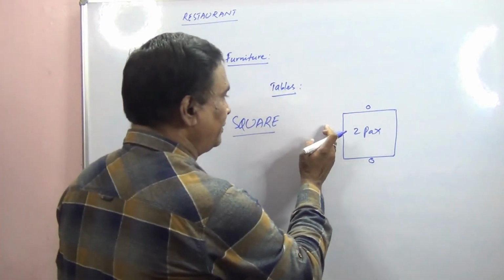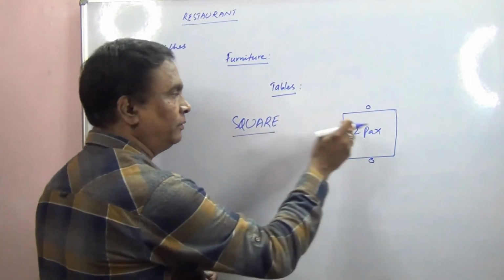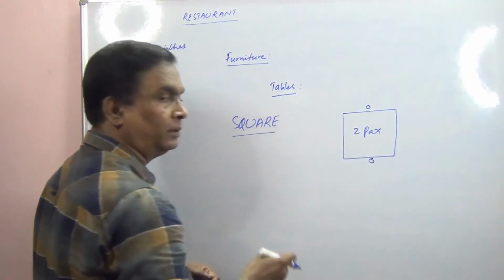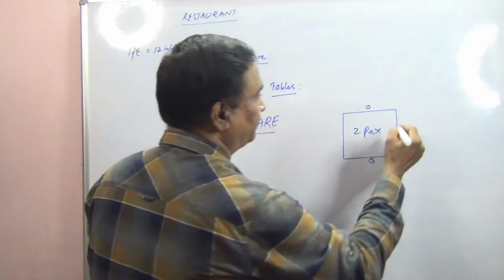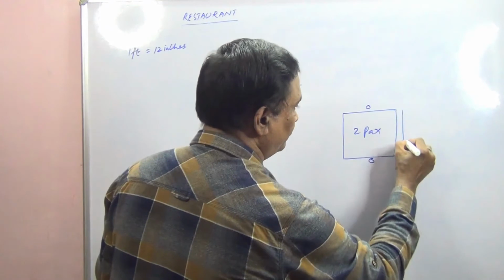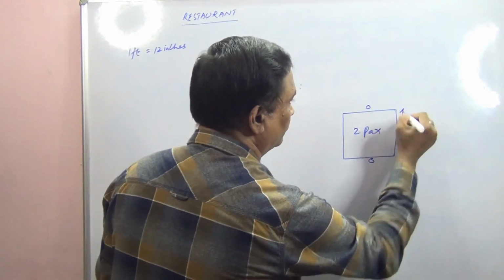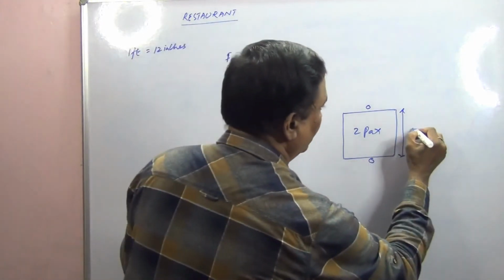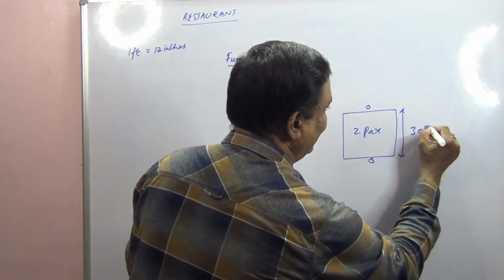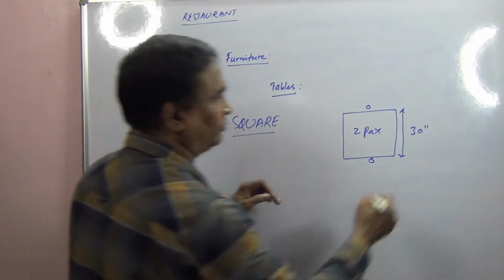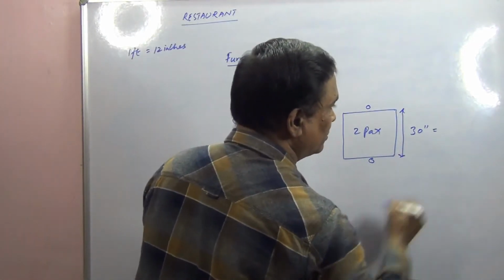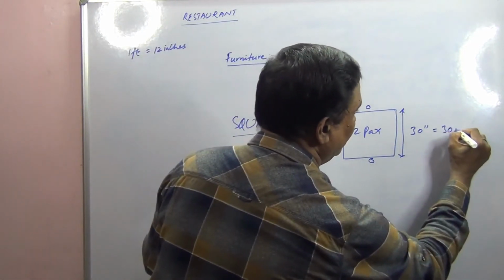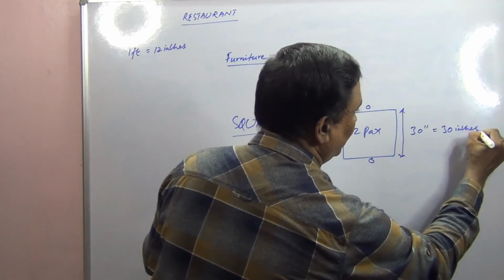One side of this particular square type of table, which is meant for 2 people, is 30 inches. We can also write it as 30 inches.